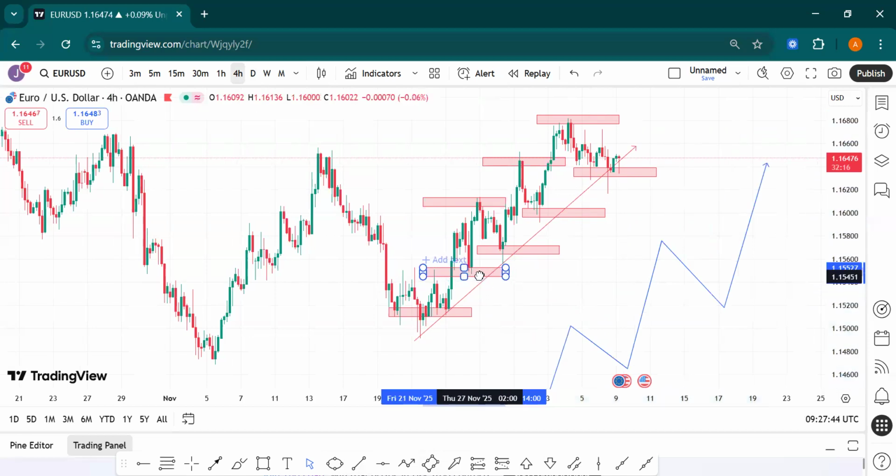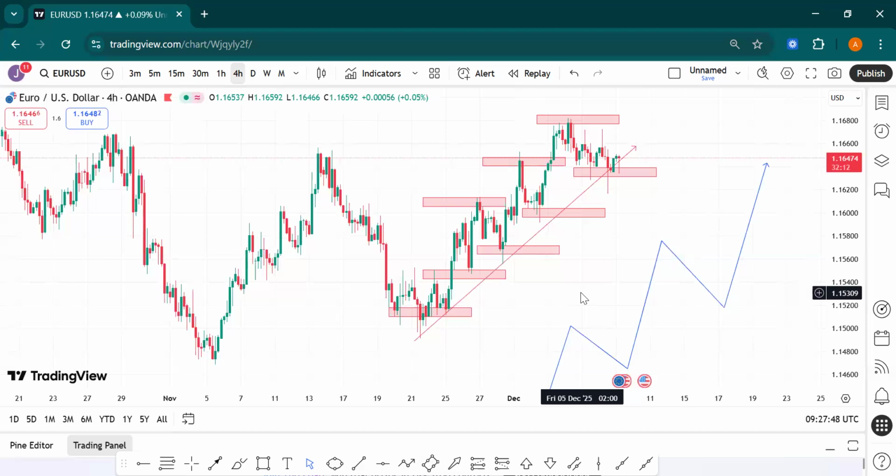We always what? Come down. Just like I said, the most important areas are usually what? The higher lows. Once you're able to recognize the higher lows in the market, we can see here that we had a high, and the market did what? It came down. So if we were to engage this market, we'll be looking for our buy options here. Let me take out the higher highs so that it will not be that cumbersome or too complex.